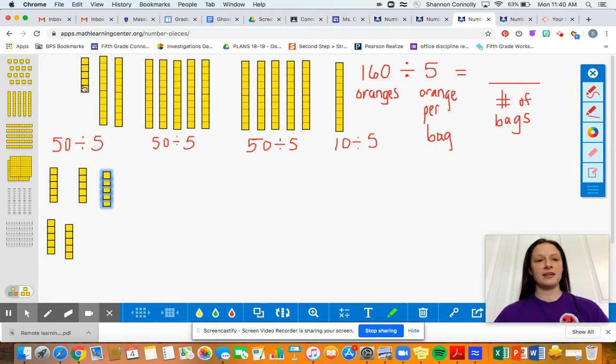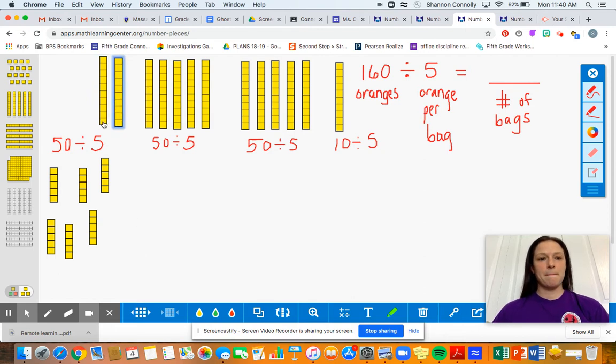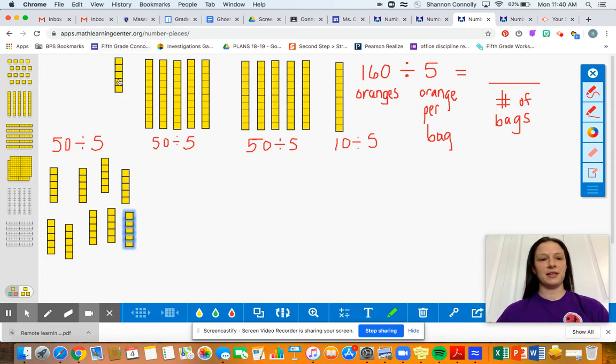There's 5 bags, 6 bags. 6 bags here. We're going to make 7, 8, 9, and 10.